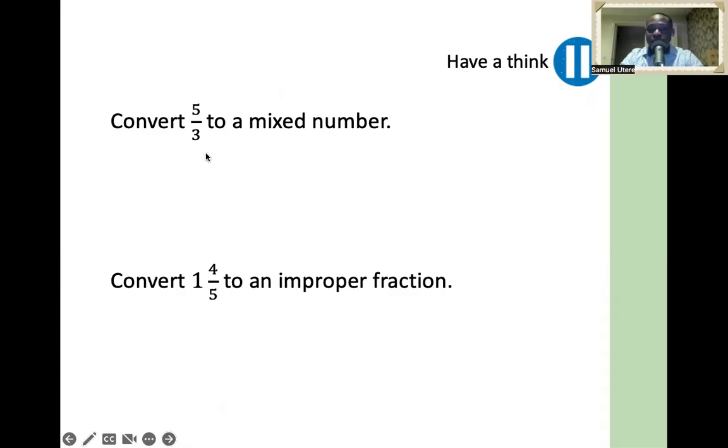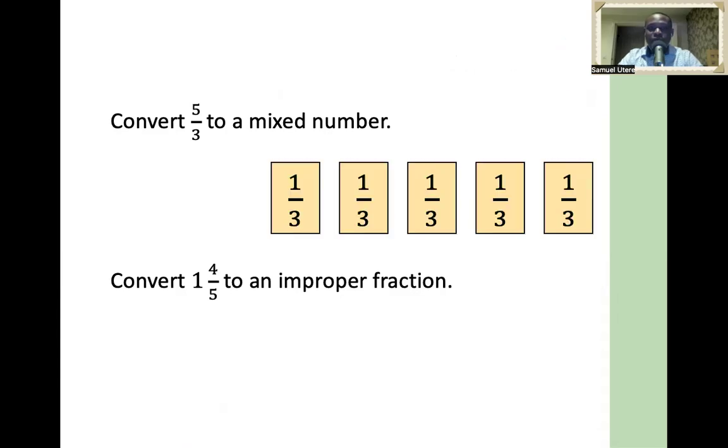So we can say, well, I have 5 lots of 1/3. But if I want to group the thirds into what will give me a whole, I actually have these groups of 3, because remember, a third and a third and a third will be 3/3. Remember what I showed you earlier?